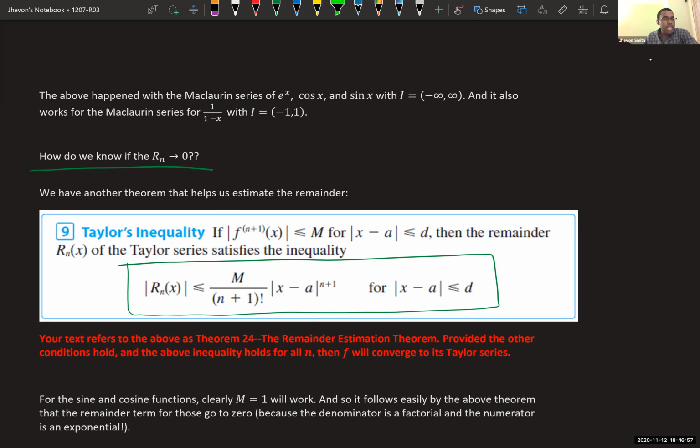In the case of e to the x, taking M equals e to the d power would work. And so once you know that your remainder term is less than or equal to this, and clearly if M is a number, and you're dividing by n plus 1 factorial, the limit approaches 0 as n approaches infinity. And so that's what happens with those two functions.